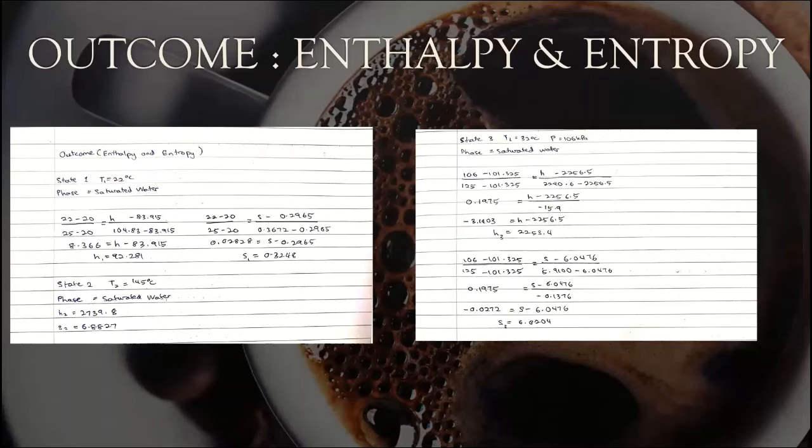So given the 106 kilopascal as its pressure, we have to use the interpolation method to get the enthalpy and entropy. So the enthalpy is 2253.4 and the value for entropy is 6.0204.